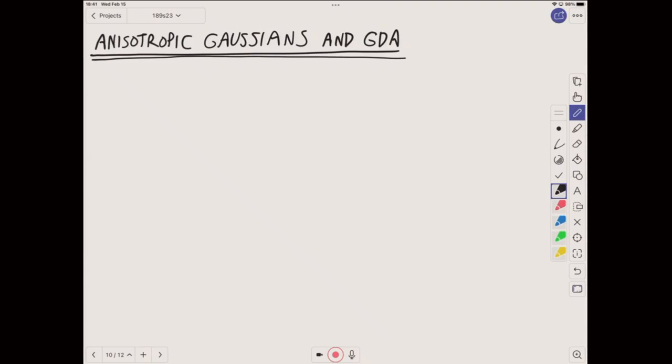So recall from last lecture the PDF of the Gaussian distribution, or the multivariate normal distribution, to give it its proper name. I like to write it composed of two functions.